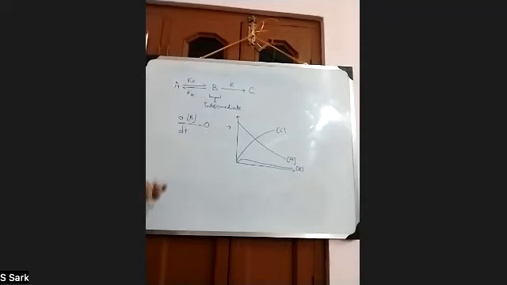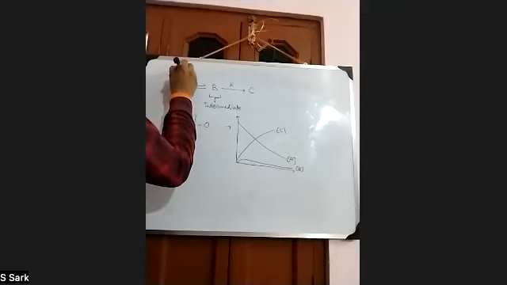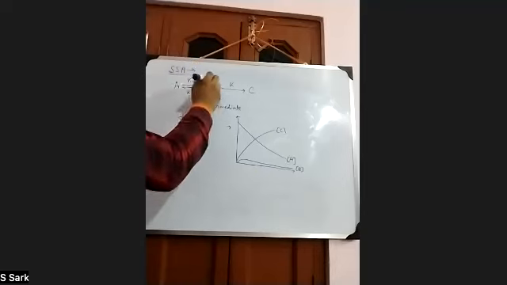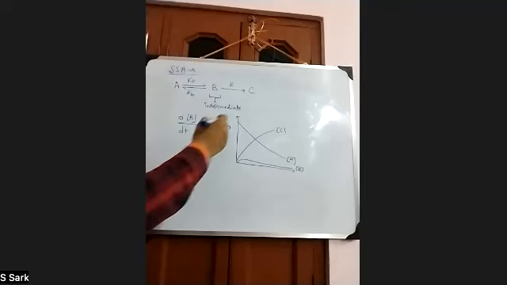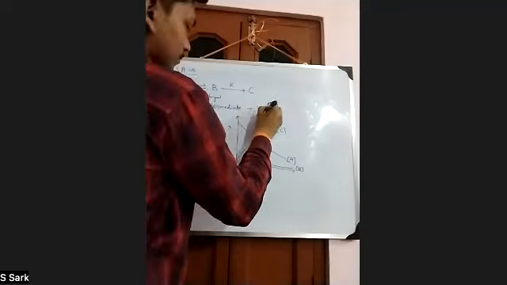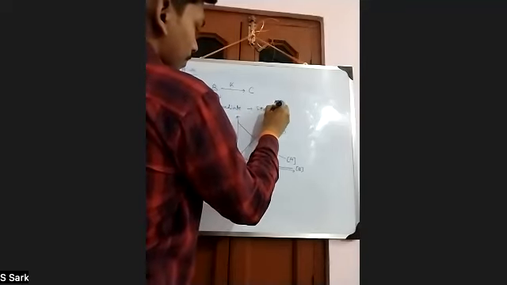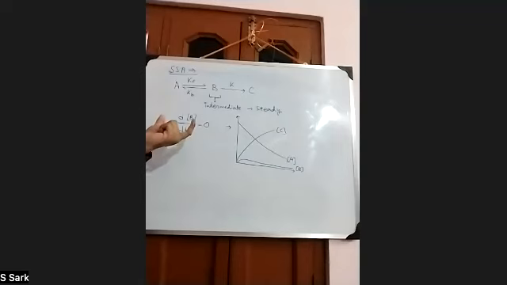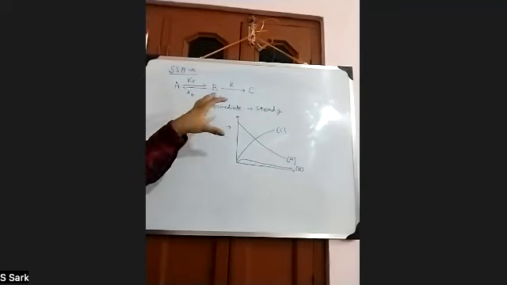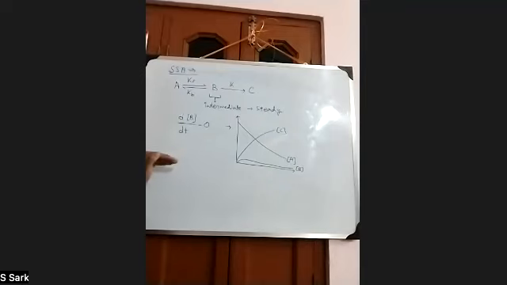This is called SSA because we think that the intermediate is steady. The change of the concentration of the intermediate over an infinitesimally small time gap is 0. So this approximation tells us the actual rate equation of this reaction. This is the main benefit or application of steady state approximation.